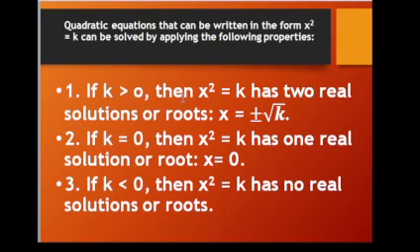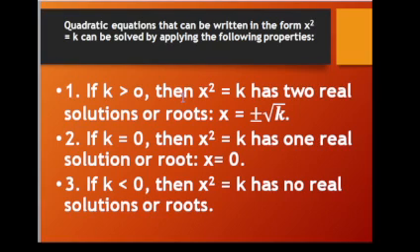And the third, if k is less than 0, what are those numbers less than 0? We have those negative numbers, from negative 1 to negative infinity. Then x squared equals k has no real solutions or roots. Like our last example, we have k squared equals negative 4.